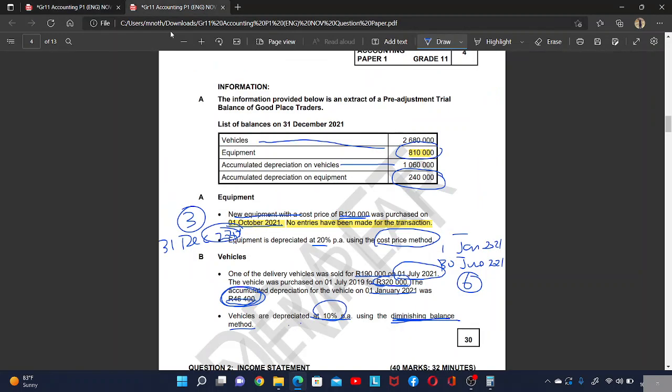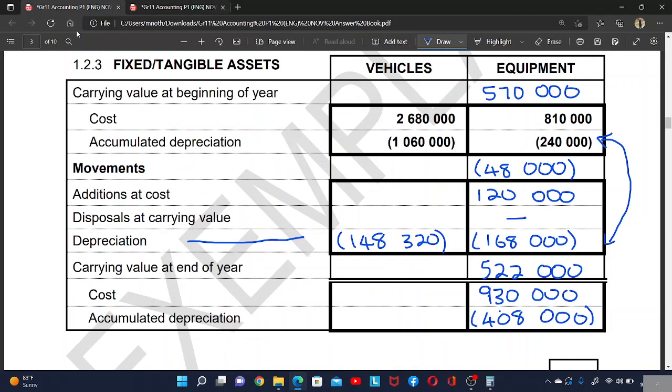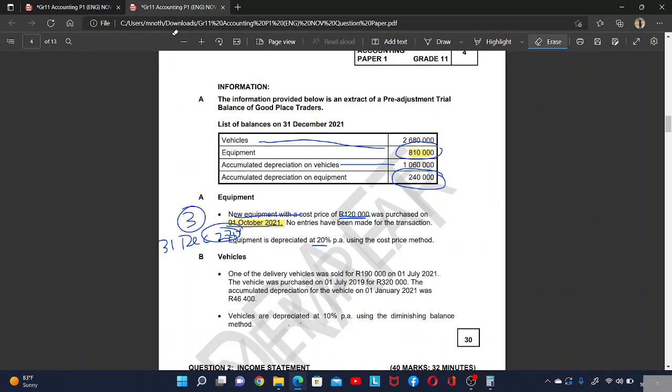Now let's move to the vehicle. One of the delivery vehicles was sold for 190.